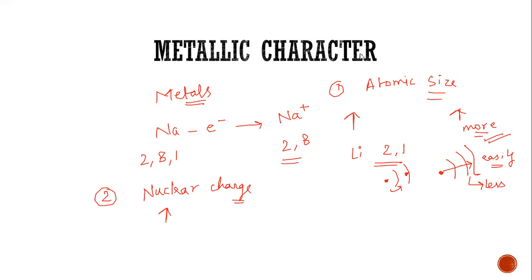Now, next we will learn about the trends in the metallic character. First we will see what happens when we move down a group. We have lithium, sodium, potassium, rubidium, cesium.